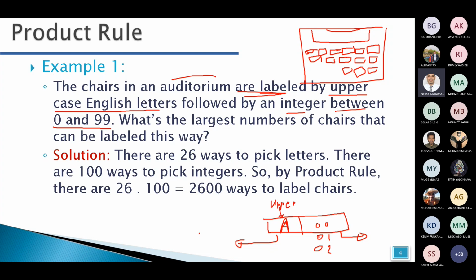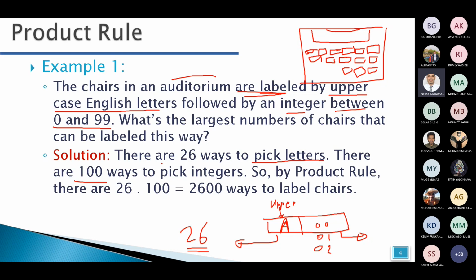We have 26 letters in the English language. So we have 26 ways to pick an uppercase letter. And how many ways to pick an integer between 0 and 99? We have 100 ways. We have 00, 01, 02, 03. These are the options that we have until 99.